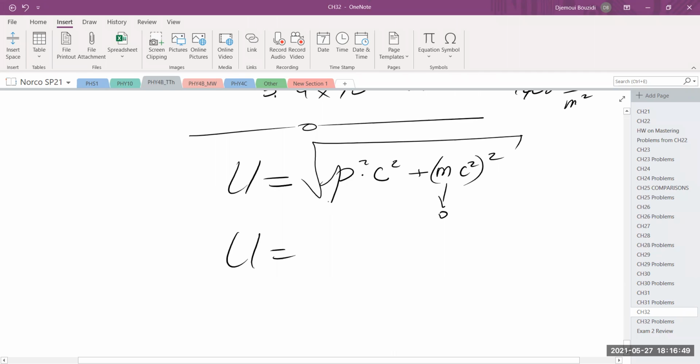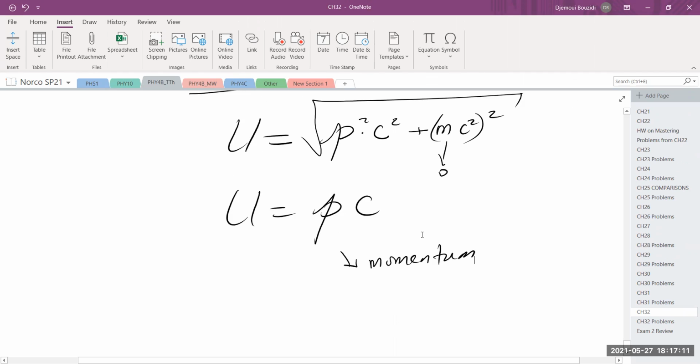You're asking, well, the momentum P is supposed to be mass times velocity, but I don't have any mass. Yes, we don't have any mass, but there is an effective momentum, if you wish. And that effective momentum is the ratio of the energy divided by C. This is basically the expression that I have for the electromagnetic waves.